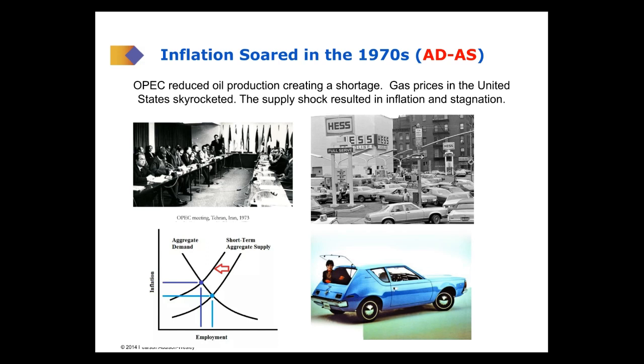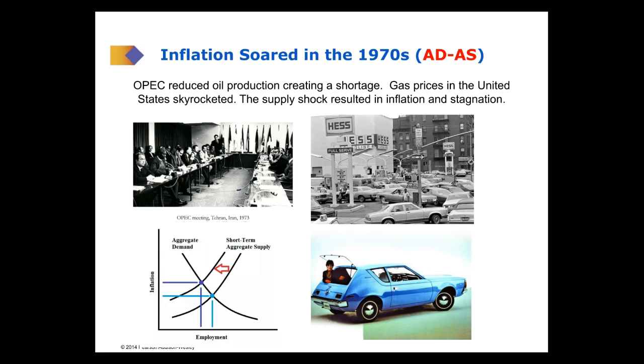Because businesses all use oil and gas, either to make products directly, or as energy to power plants and facilities, or to ship products, it's a factor of production in just about every business. Well, when the price of a factor of production goes up, aggregate supply will decrease, and we'll be at a point with higher prices and less employment.